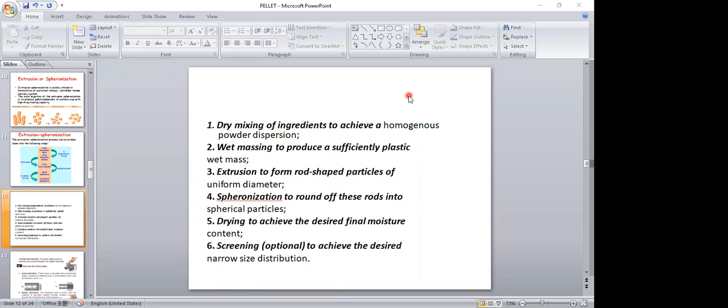So this is the overall method of extrusion and spheronization which is used for the formation of pellets.